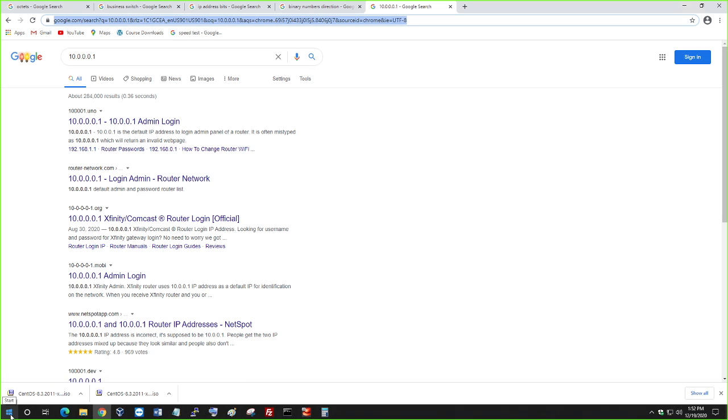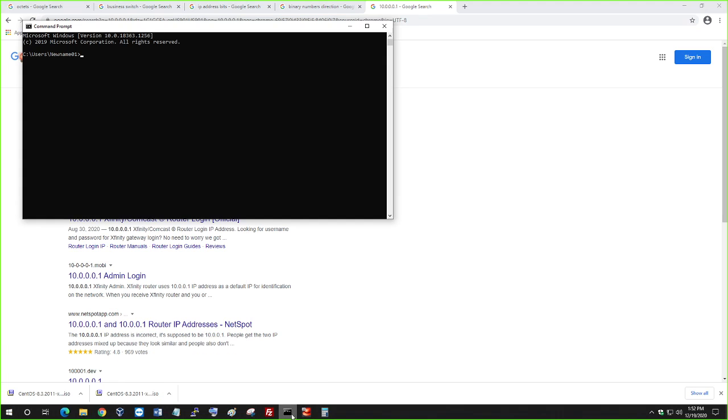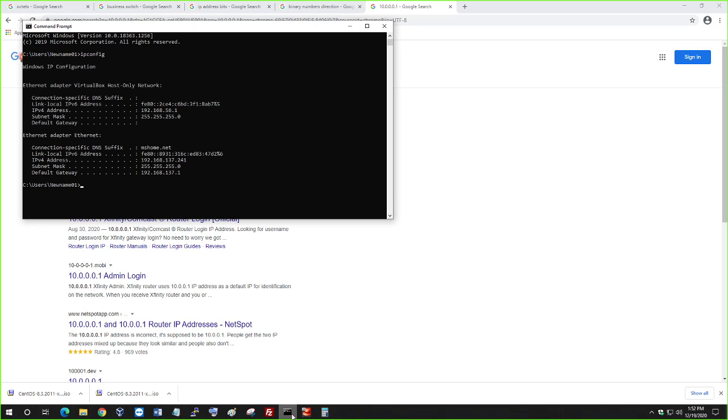So if you look at this here, if you do ipconfig, you see a default gateway, which is the router for your network here, but I'm on a different network here, so let me bring up another one.